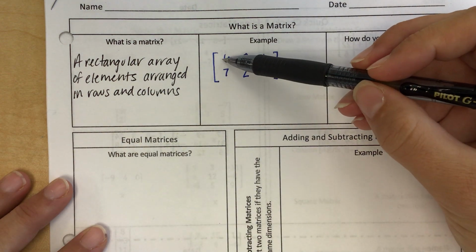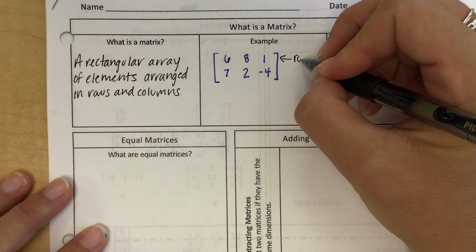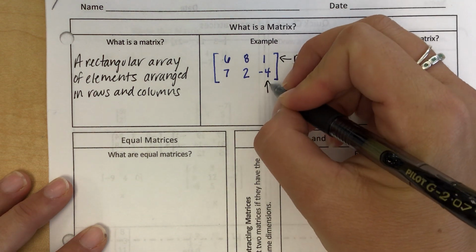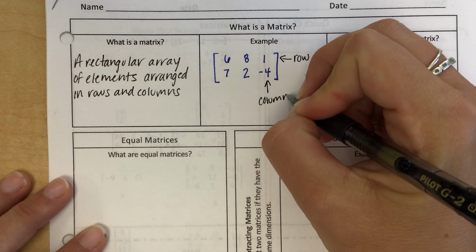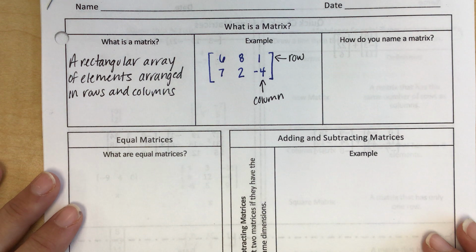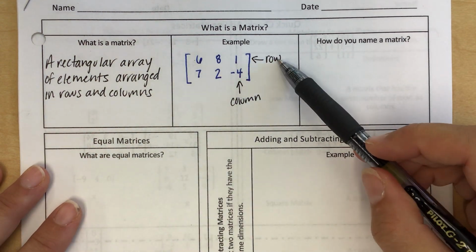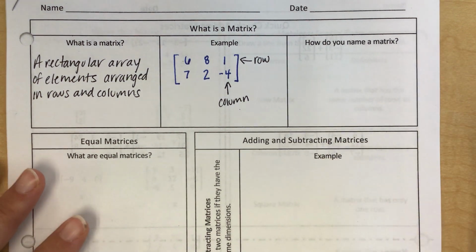Okay, so we arrange them in rows and columns. Let's remember, a row is going left and right, and a column is when you're going up and down. That's really important to remember, because the way we name matrices is based off of how many rows and then how many columns. So rows always goes first.